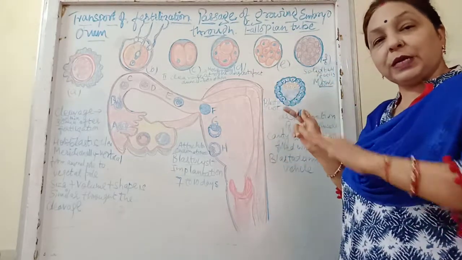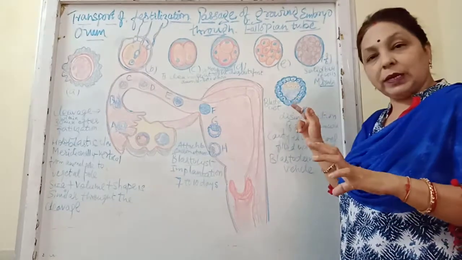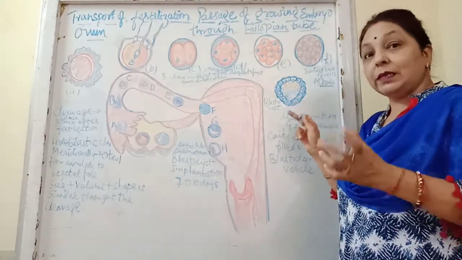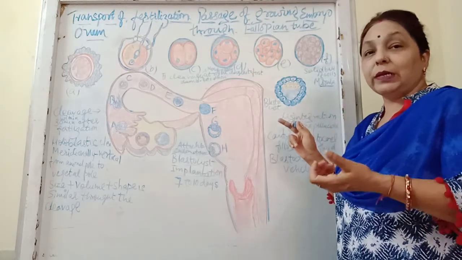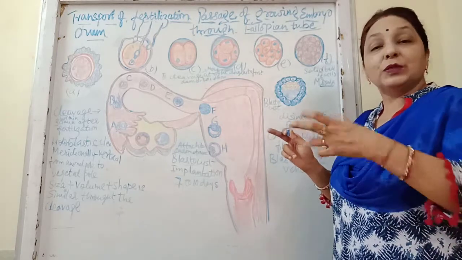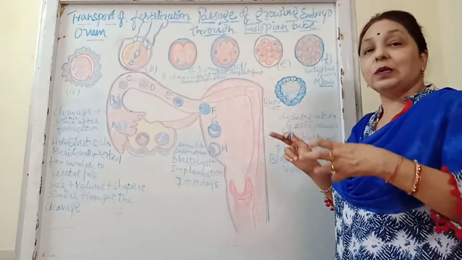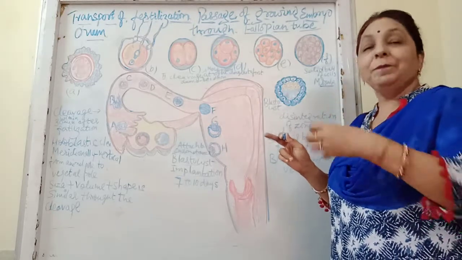So the 16 to 32 stage, I told you, is termed morula, which is a solid ball of cells that looks like a mulberry, and it is termed morula because the botanical name of mulberry is Morus alba. Since at this stage the mass of cells looks like a small mulberry, its name is morula.